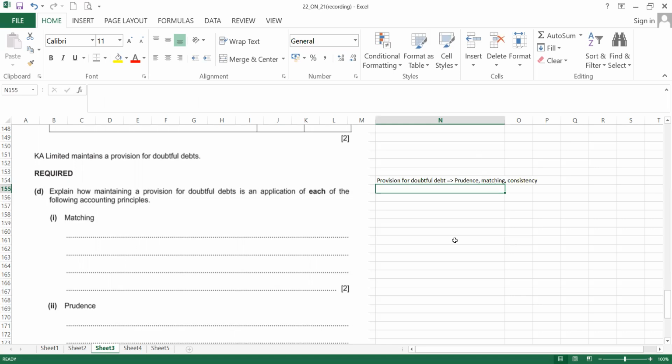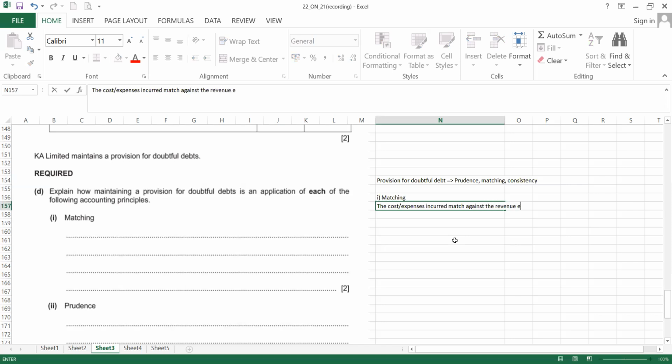Okay. Now, number one, matching. What is the matching concept? Matching concept is talking about the cost incurred or the expenses incurred matched against the revenue earned for the same period.